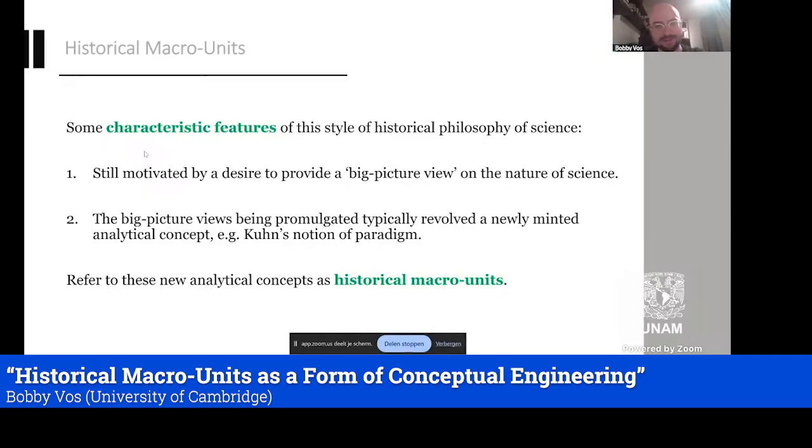Pun intended, the paradigmatic instance of such a newly minted analytical concept was, of course, Kuhn's very notion of paradigm itself. So taking this to be our exemplar, we might refer to this broader category of analytical concepts that arose during the post-positivist era of historical philosophy of science as historical macro units.